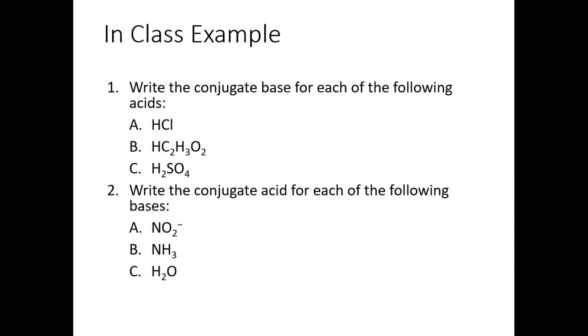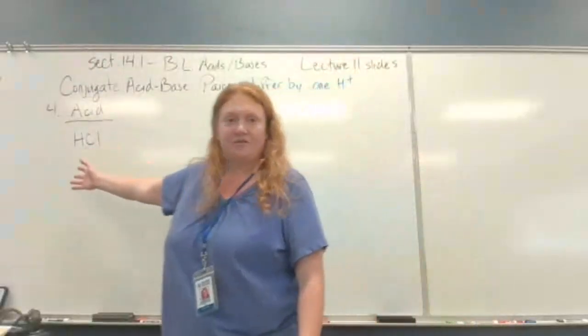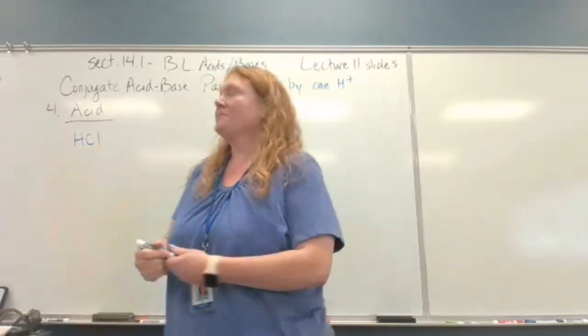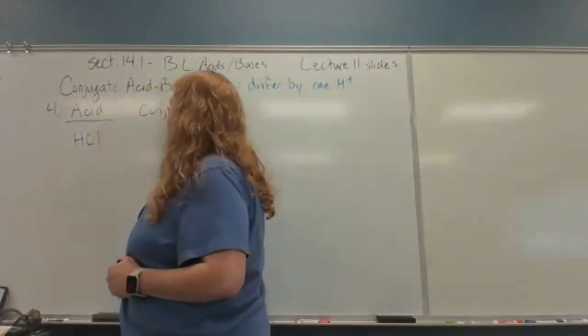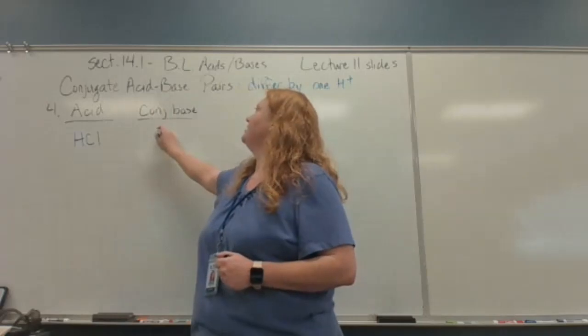So if this is an acid, what would I do to this species formula, to HCl, to turn it into a base? The acid is going to do what? Give away. What is it giving away? The H+ in the formula. So if this is the acid species, what is the conjugate base of this acid?